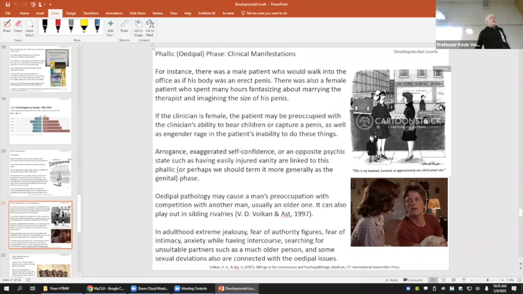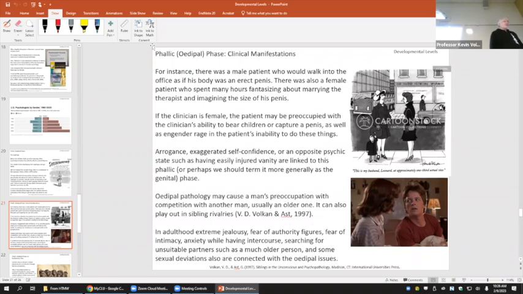I have seen this quite a lot in female clinicians, that the patients will become very interested in whether the female therapist has children or whether she's married, has a husband. You'll see questions. They'll ask you questions about that. I don't know if any of you have experienced that. Any of your patients asking you whether you're married or have a boyfriend or have kids or not. You'll see some of this sometime.